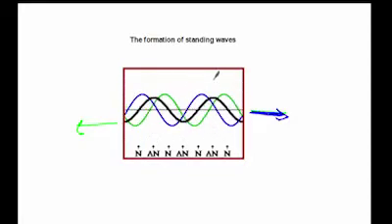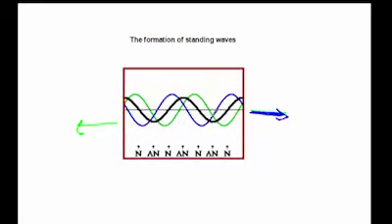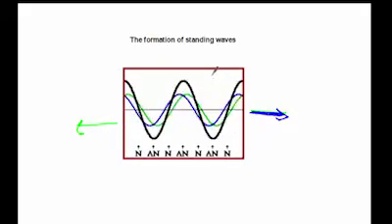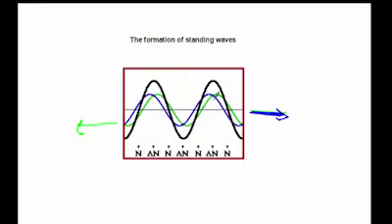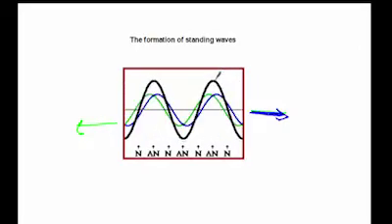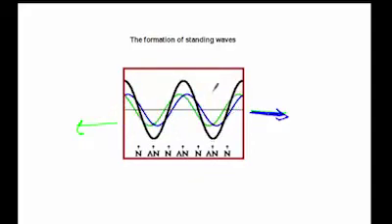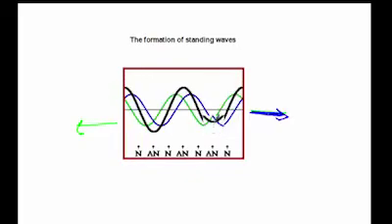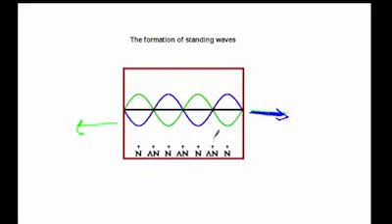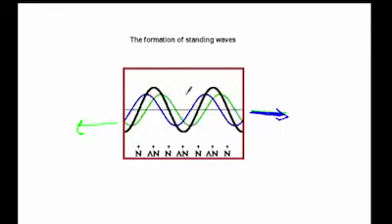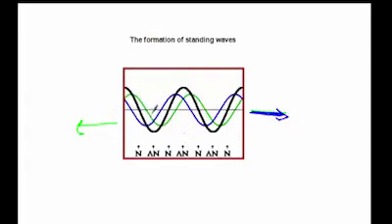As a result, there is a higher crest or a deeper trough, with an amplitude or displacement double the displacement of each individual wave. This is also happening here and here.